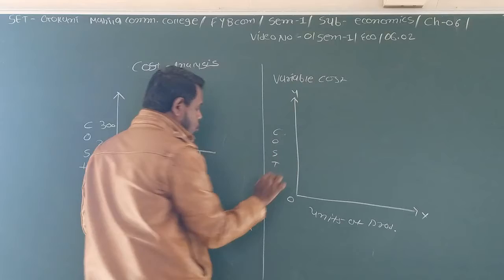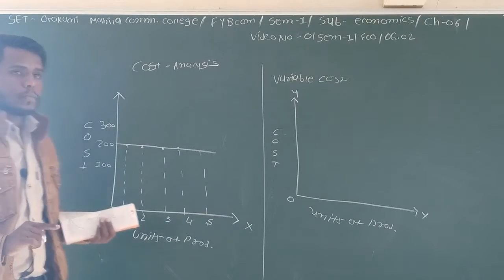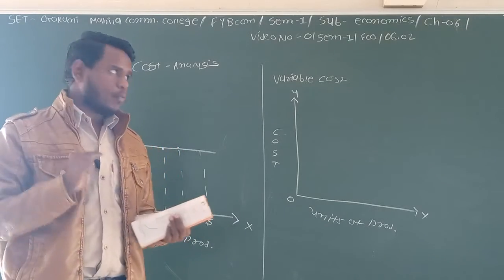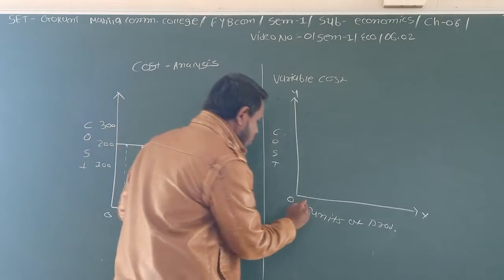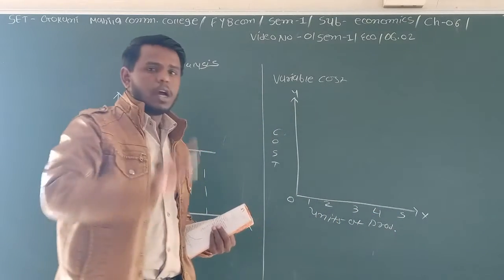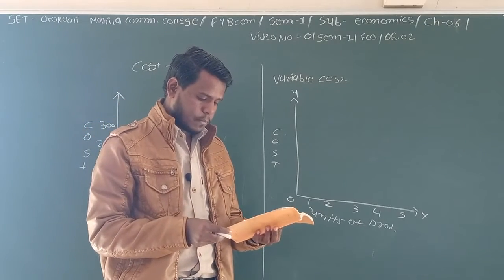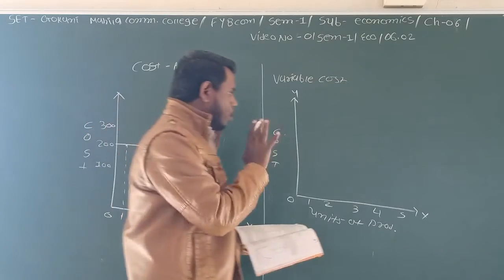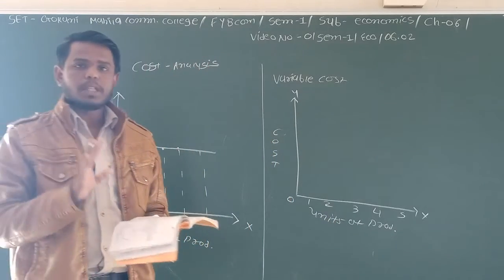Look, here there is no change at all in the cost, but when you draw the diagram of variable expenses, at that time there will be change. If you produce more and more units, 1, 2, 3, 4 and 5. As you can see on page number 131, there is a different diagram, but to understand, you can understand any diagram.